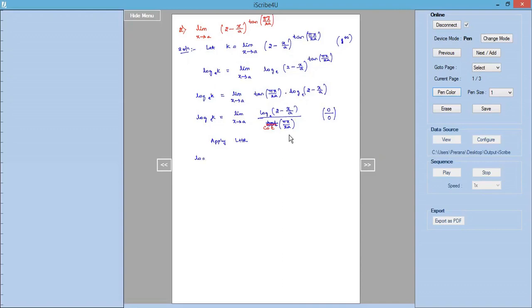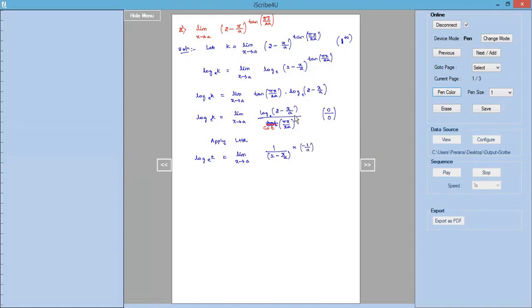So we get log k to the base e is equal to limit as x tends to a. Now differentiating numerator and denominator separately, differentiation of log is 1 divided by 2 minus x by a, into chain rule, differentiation of 2 minus x by a is minus 1 by a.